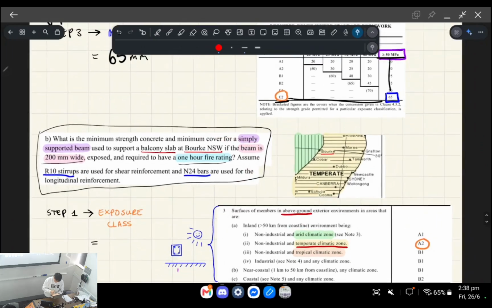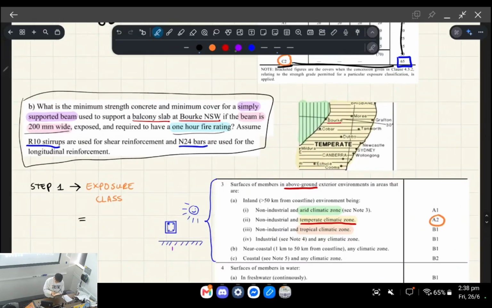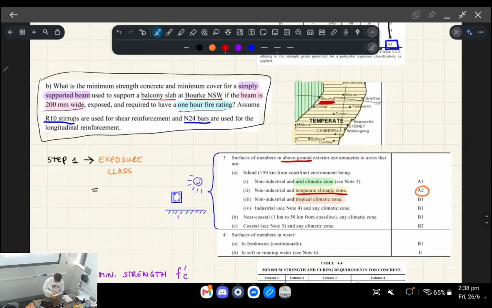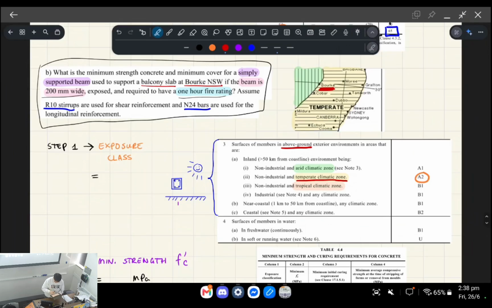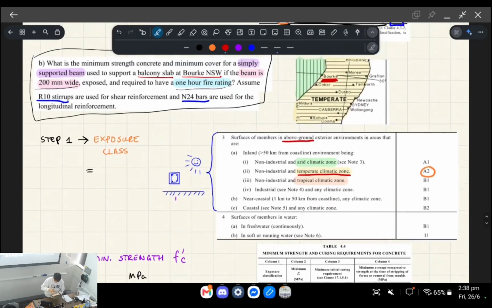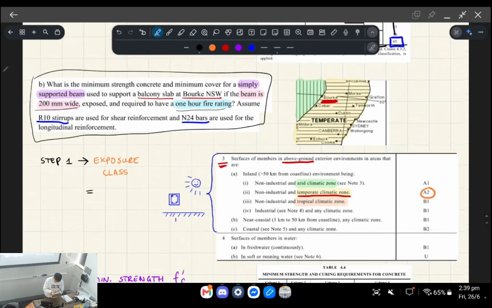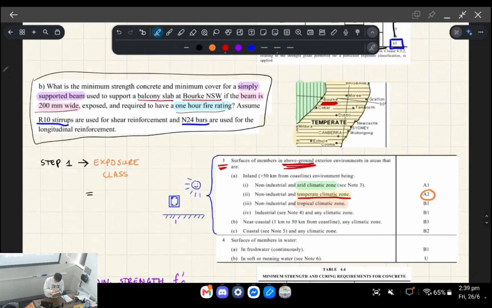The first thing is we have to figure out the exposure class, just like before, so we can work out the minimum cover required. We're told Bourke, New South Wales. We find that on the map, and it's a temperate classification for our outdoor environment. So we're looking at outdoor above ground structures, and the reason we choose above ground is that we're told it's a balcony slab, so it's not touching the ground.